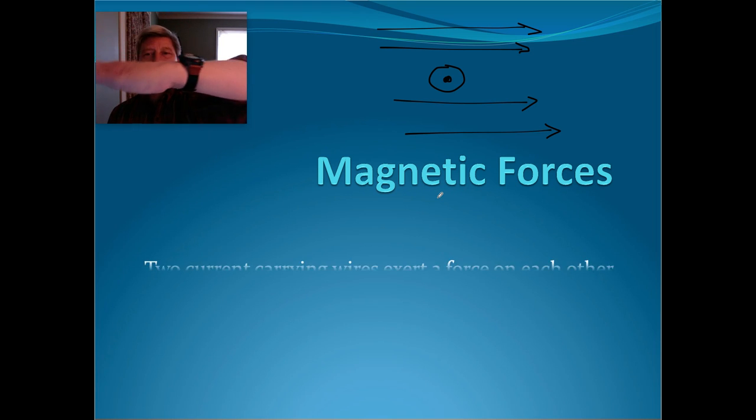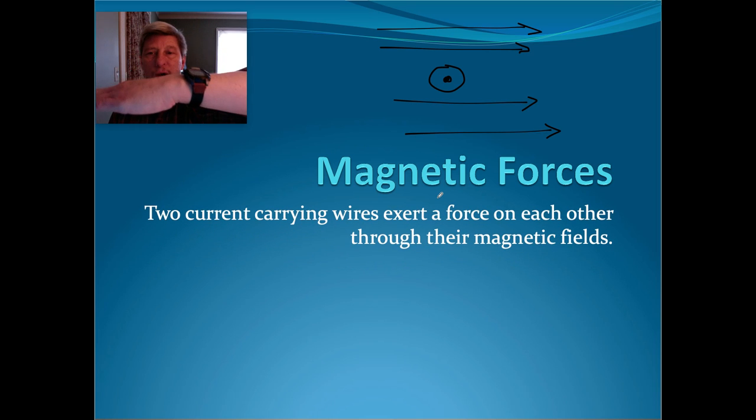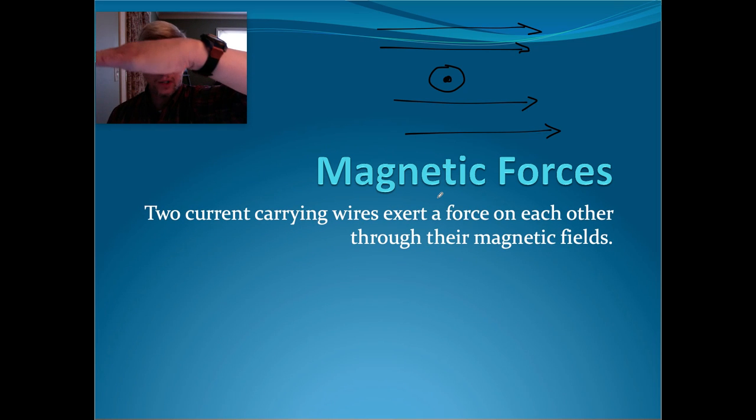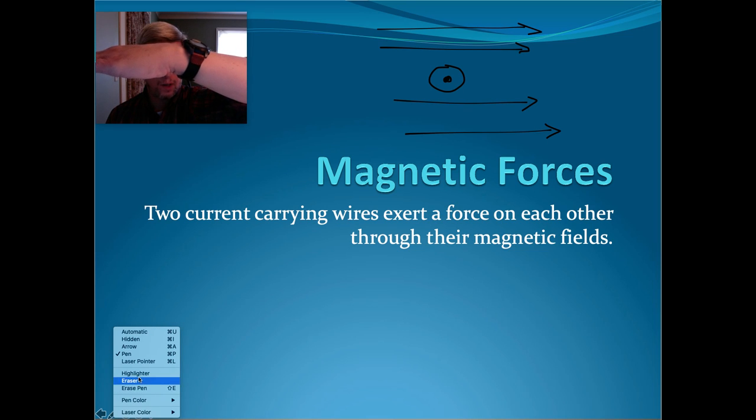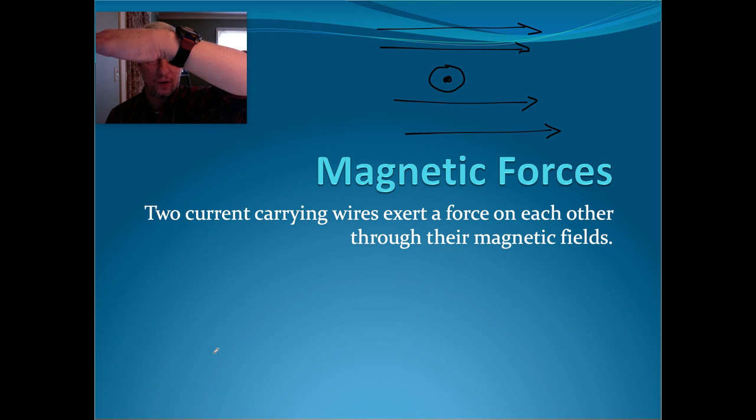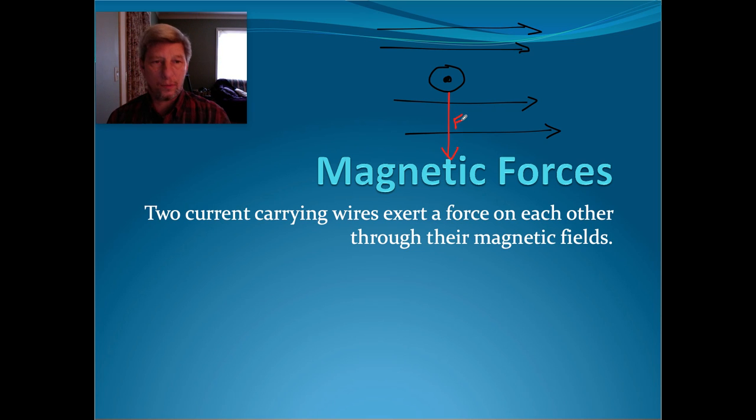The fingers have to point toward the right side of your screen. What direction is your palm facing here? Well, if you think about it, it's fairly straightforward. Your palm is pointing downward, and so the force being applied to this wire is down.